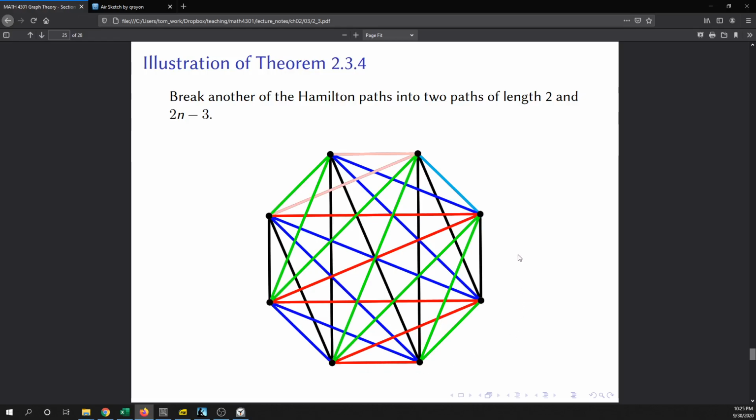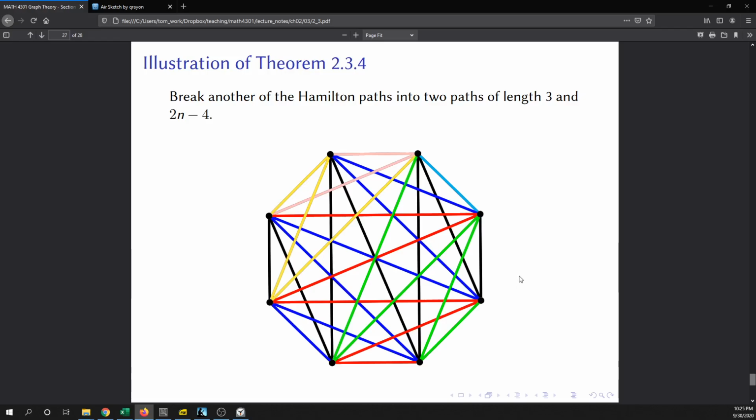And then I just keep doing that. Next up I take the green one and break it up into a path of length 3 that I color yellow, and then I leave the remaining edges green. So that's a path of length 4.